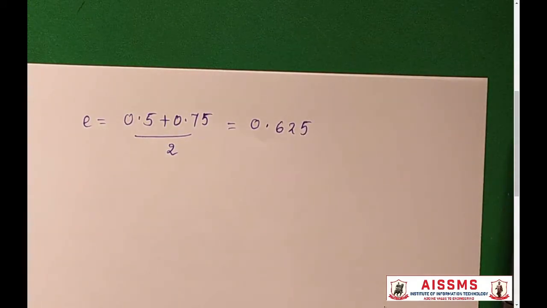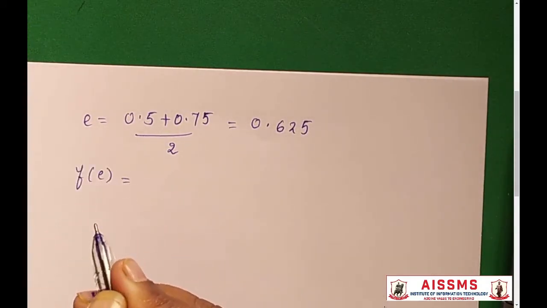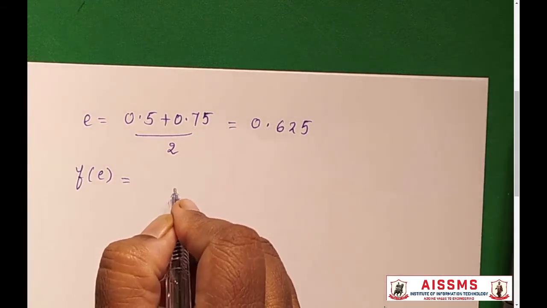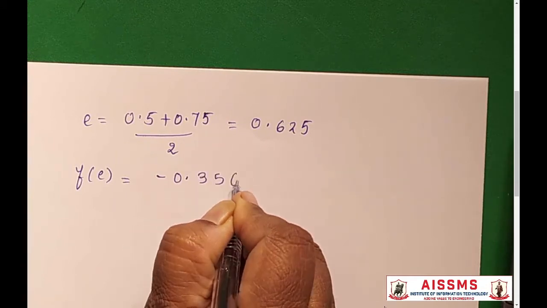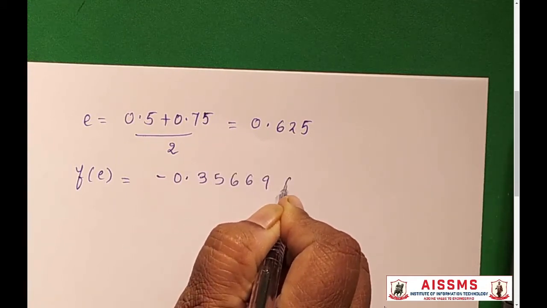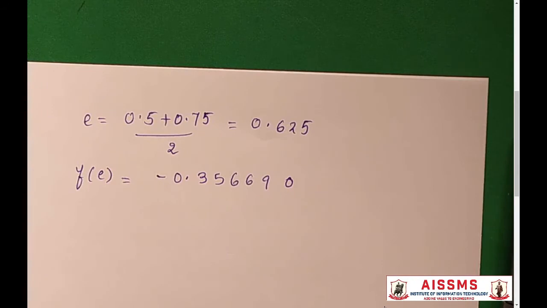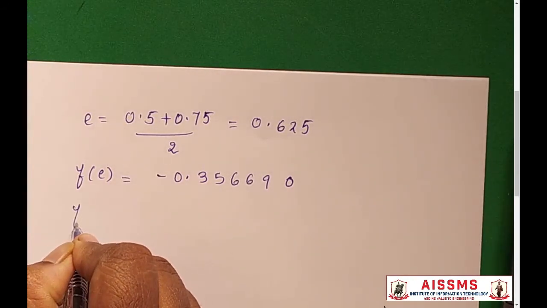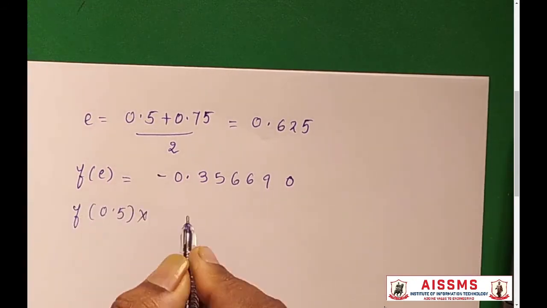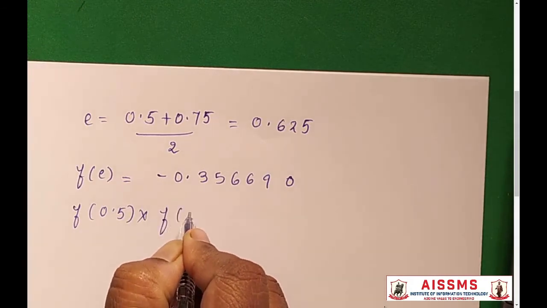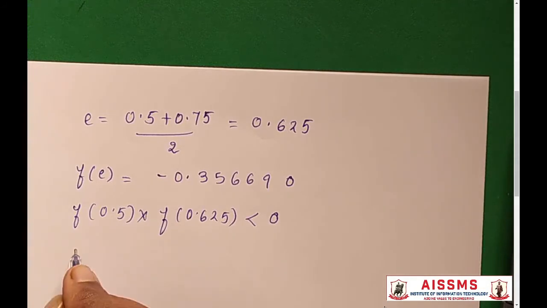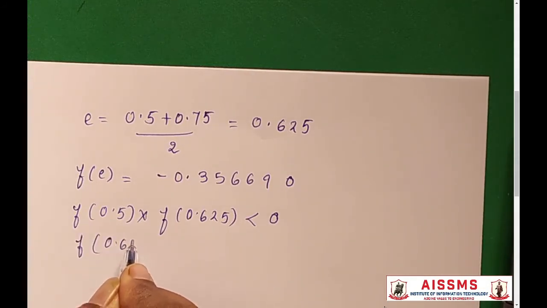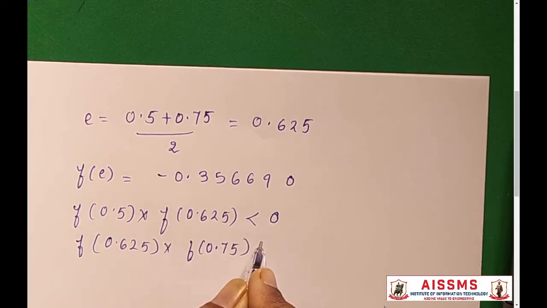Then you will find out f of E, which comes out to be minus 0.356690. Then you will check whether f of 0.5 into f of 0.625 is less than 0, or f of 0.625 into f of 0.75 is less than 0.